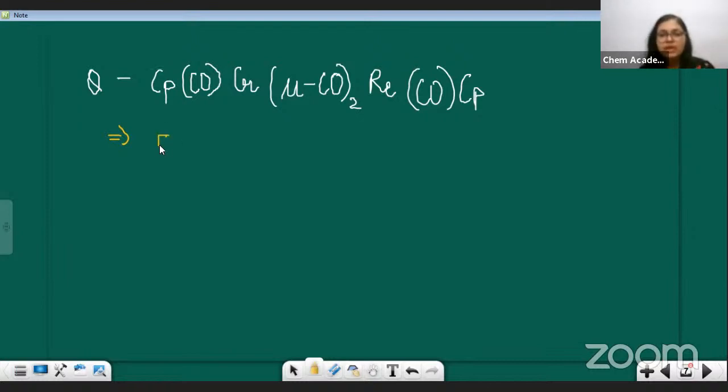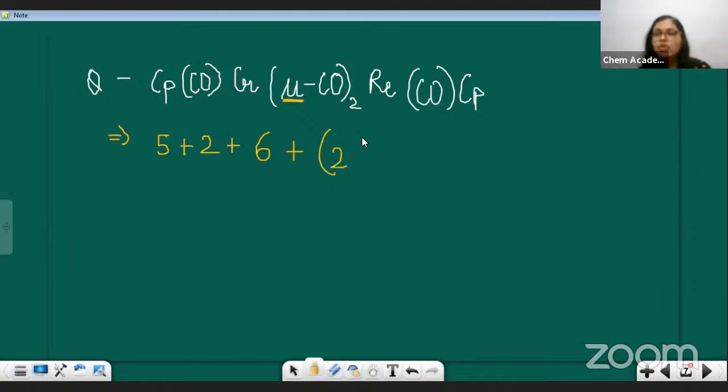So it is going to be 5 over here, plus this is carbonyl, its contribution is going to be 2, plus this is chromium. Just calculate in your head what its contribution is going to be. Its group number is going to be 6, plus when this mu is given, it means this carbonyl is acting as a bridging ligand. But over here, again, its contribution is going to be 2.